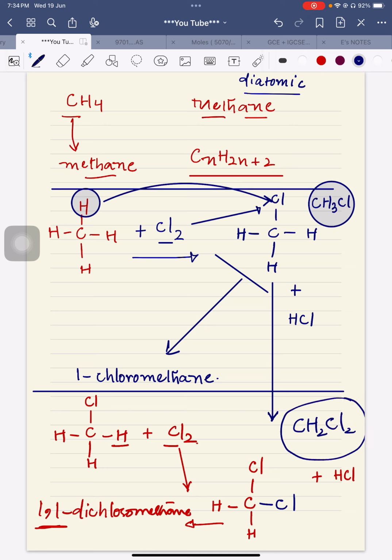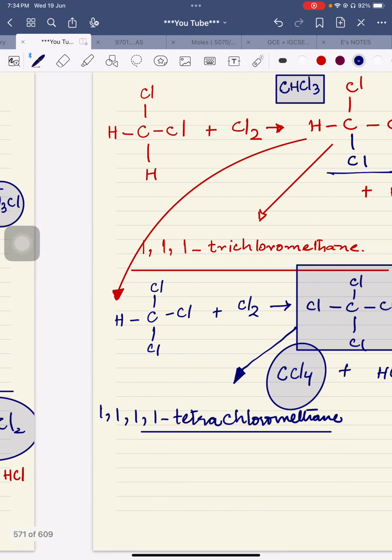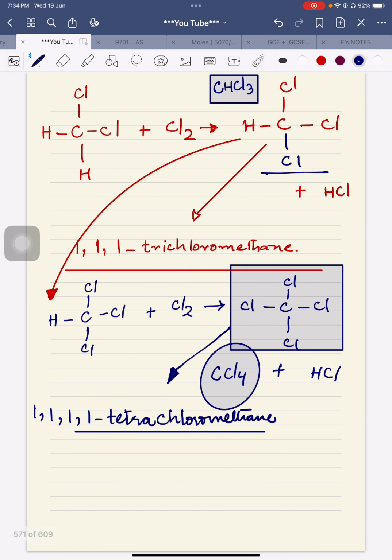So I can say dichloromethane, chloromethane, trichloromethane, tetrachloromethane. Or you may say carbon tetrachloride. Regularly we call it carbon tetrachloride.